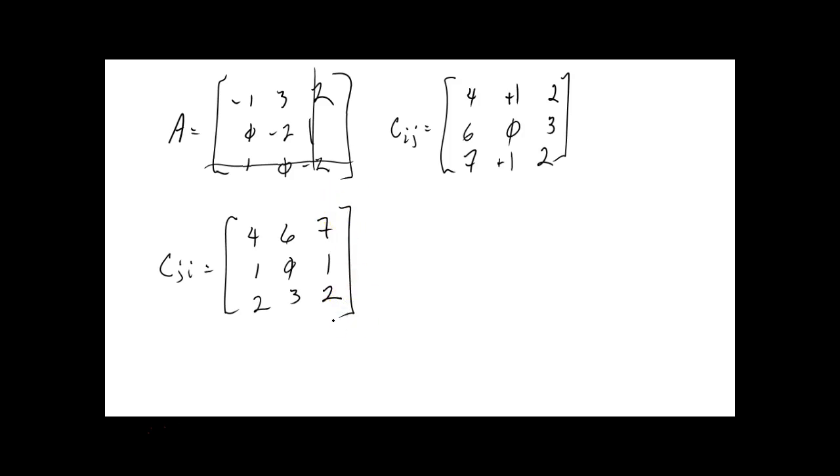Okay. So, that is the adjoint of A. Okay? It's the transpose of the cofactor matrix. So that's 4, 6, 7, 1, 0, 1, 2, 3, 2. All right.